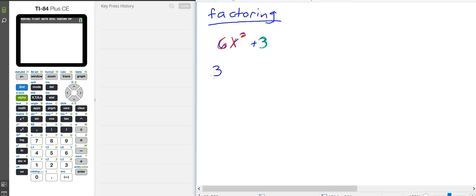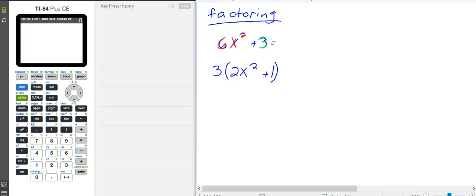So let's pull out a 3. And when we divide 6x squared by 3, we're left with 2x squared. When we divide 3 by 3, we're left with 1. So 6x squared plus 3 in factored form is 3 times (2x squared plus 1).